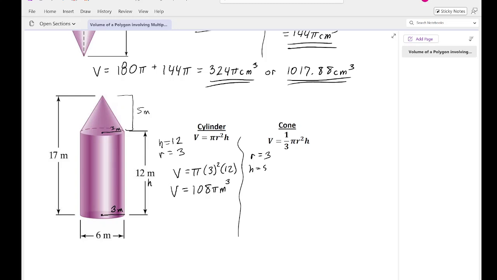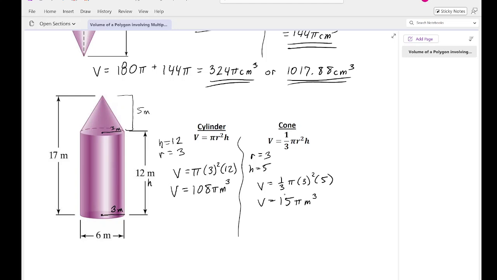The height is 5. Plug it into my formula. V equals 1/3 pi times 3 squared times 5. So the volume of this is going to come out to be 15 pi cubic meters.